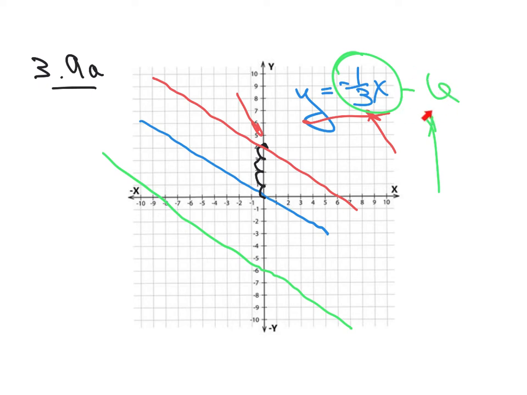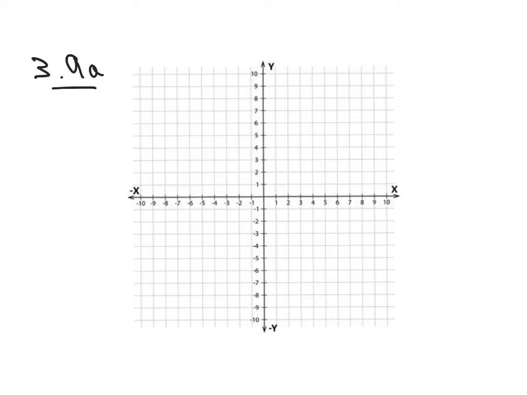This number tells me whether the line shows up here or down here, or whether it goes through the origin. That's all this number does. Tells me where it crosses the y-axis. So that's vertical translation. So one of the things that they give us at the bottom of page 300 is a handy dandy rule. So let's make this a little bit smaller.